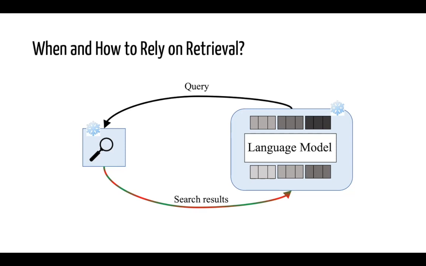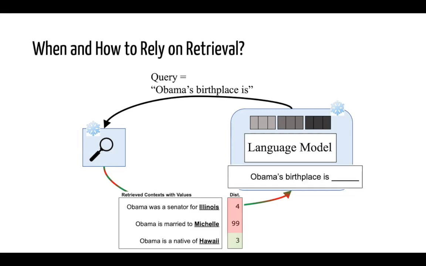Now consider the task of language modeling, when everything is frozen, and we want to see how search results can be used by a frozen language model. The language model wants to complete this input, searches for information, and the retrieved results are these, where two of them are not relevant and one of them is relevant.